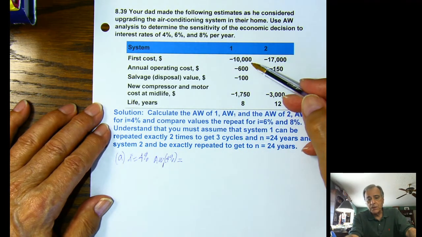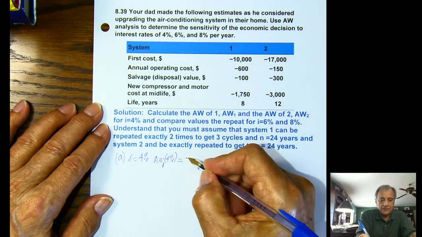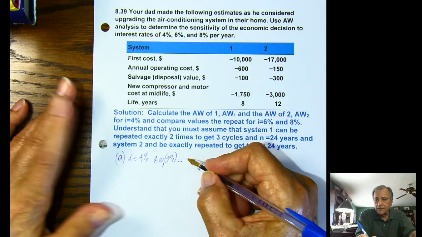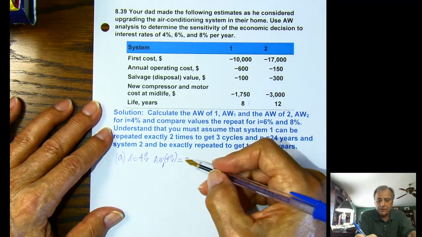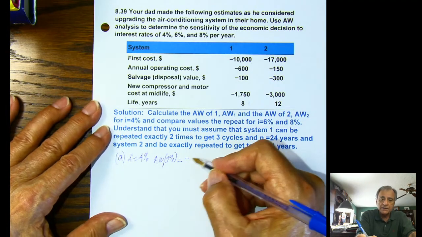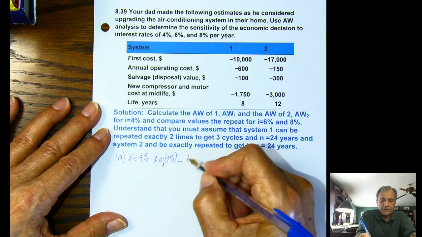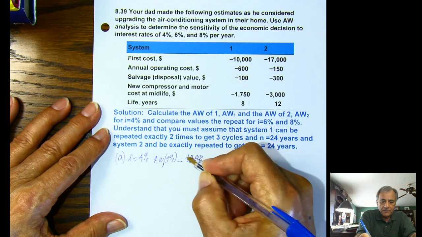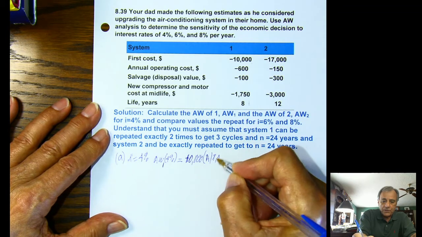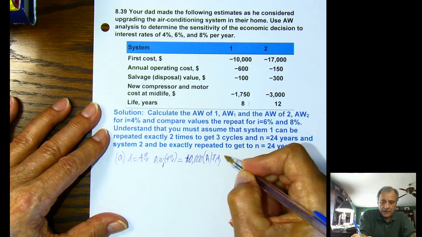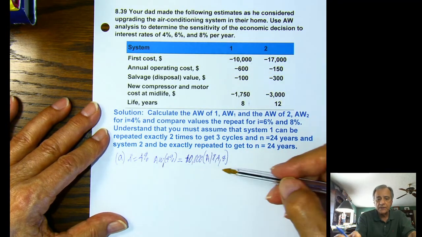We've got a first cost of $10,000. These are nothing but cost, so I could even drop the negative sign. So I'll have $10,000, that's a P. A given P, 4% for 8 years. That will spread this over 8 years evenly.